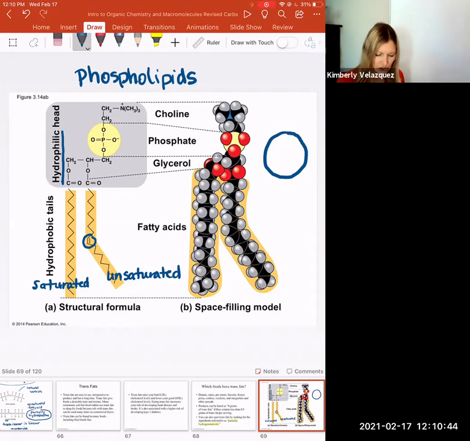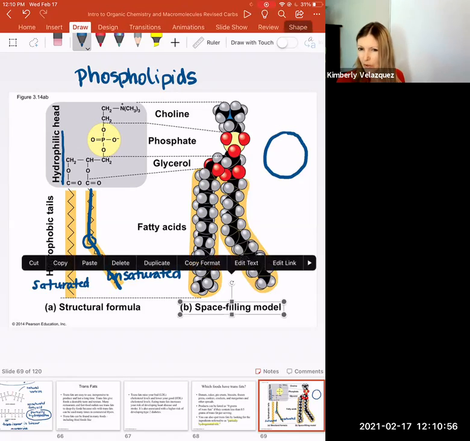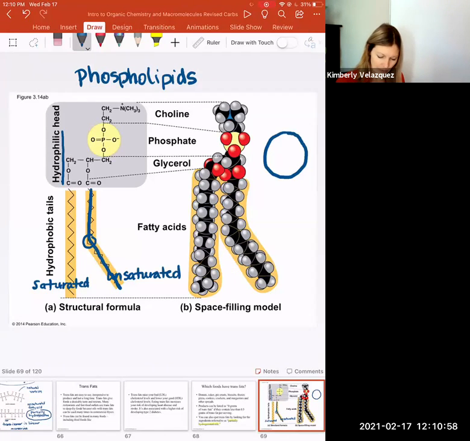But also the shape of this is really critical, because this bend in the unsaturated fatty acid, if that's in a membrane, it creates a space where certain molecules can slip through. And that plasma membrane, there's a term that we use associated with that. We say that it's selectively permeable.